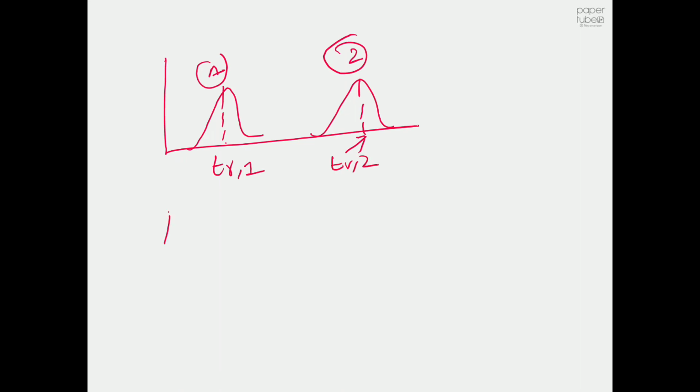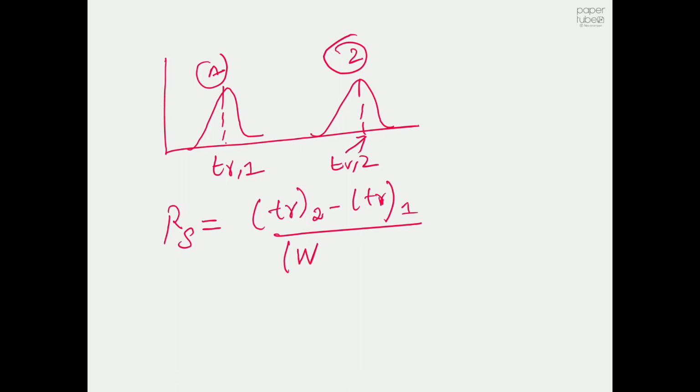So we can calculate the chromatographic resolution, which we define in this case as TR of 2 minus the retention time of molecule 1, divided by the width of the Gaussian peak that corresponds to molecule 2 and the width of the Gaussian curve that corresponds to molecule 1, and then you take an average of these two.